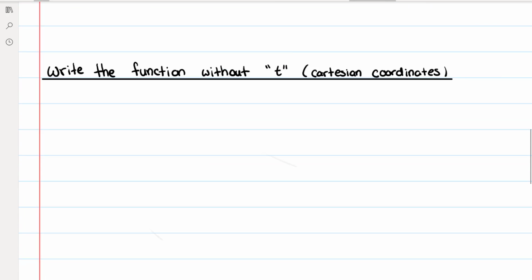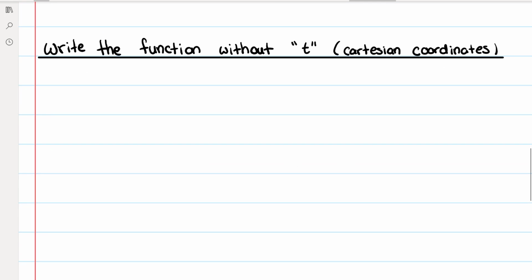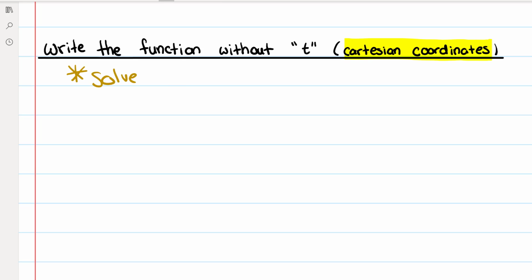Now what we want to be able to do is write that function without t. This is called using the Cartesian coordinates. Cartesian is our typical xy. The technique we're going to use is to solve for t. I have my two equations: x equals square root of t and y equals t.